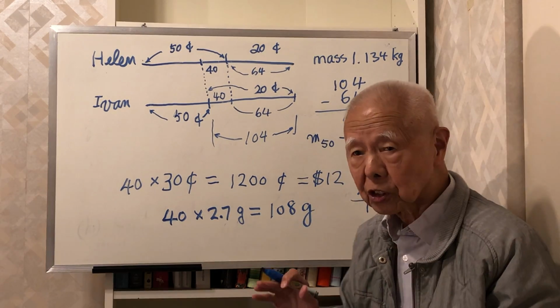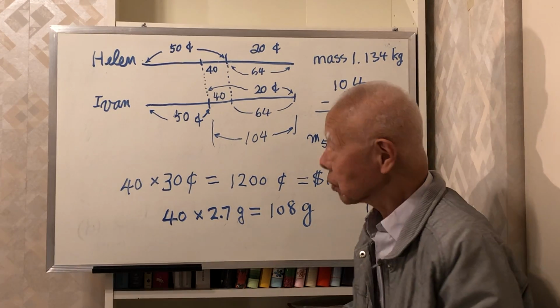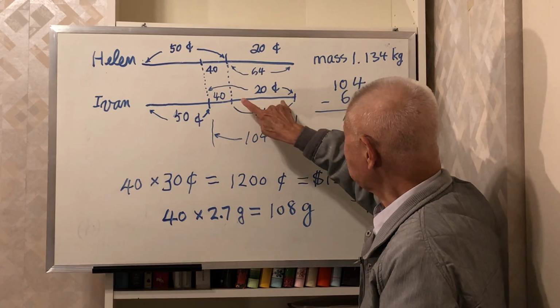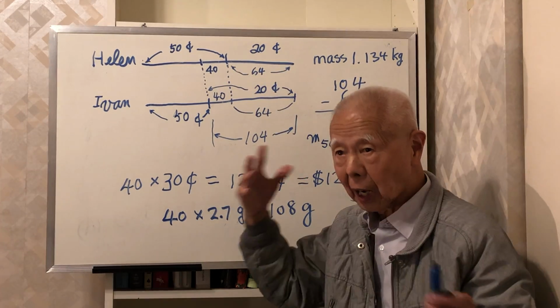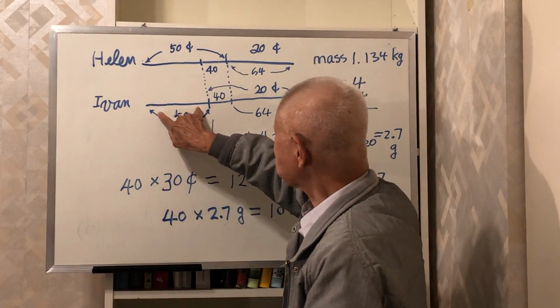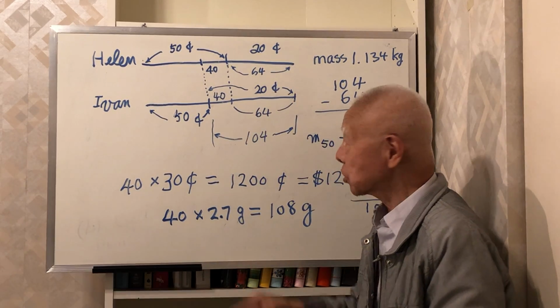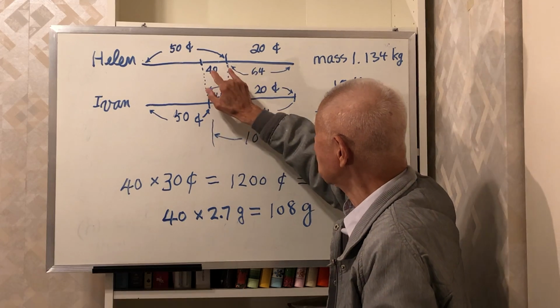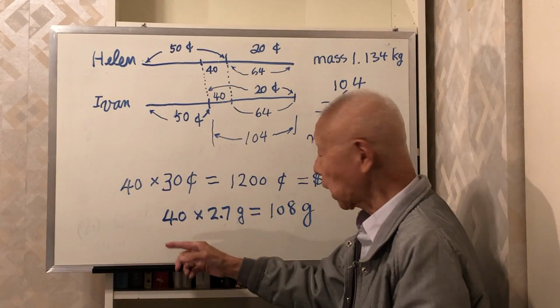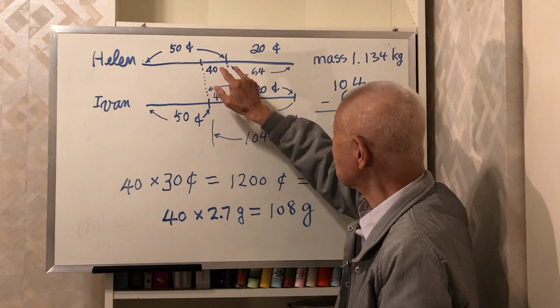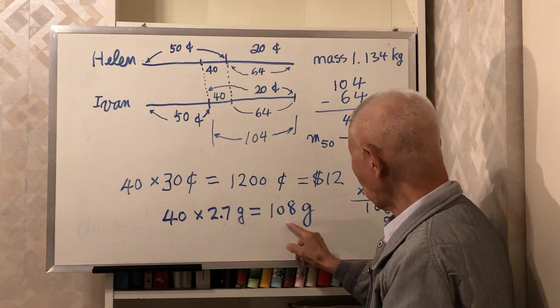This is the difference in mass. Let me repeat. The mass here and the mass here are the same. The only difference in mass comes from this part and this part. I have calculated for this part, the difference in mass is 108 grams.